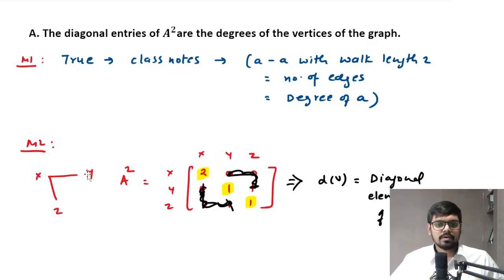Then y to y, only 1 I will get, y to x, x to y, length 2. Z to z, only 1 I will get, since z to x, x to z. Now these are nothing but the degrees of the respective vertices. See, vertex x has degree 2, 2 edges, y has degree 1, 1 edge, z has degree 1, 1 edge. Yes, so the diagonal entries of A square are the degrees of the vertices of the graph. Absolutely true, done and dusted.